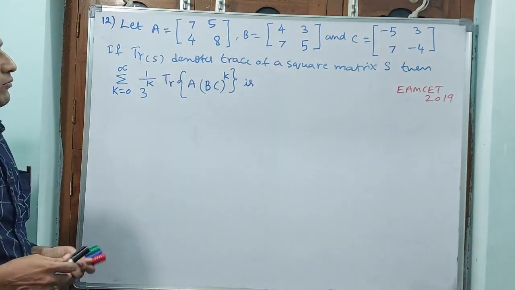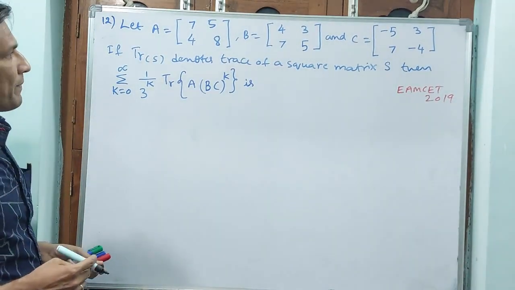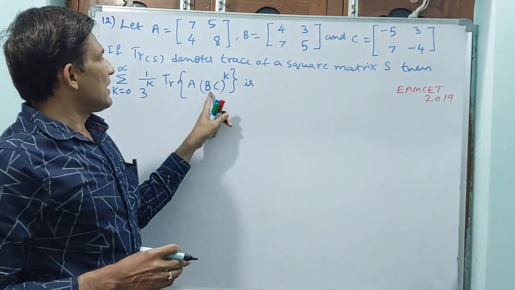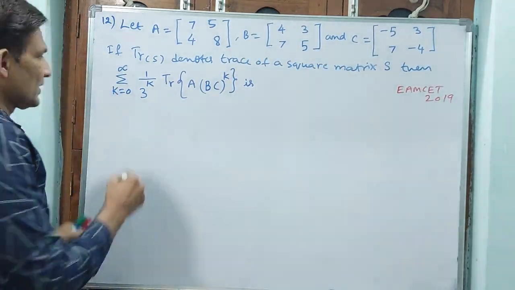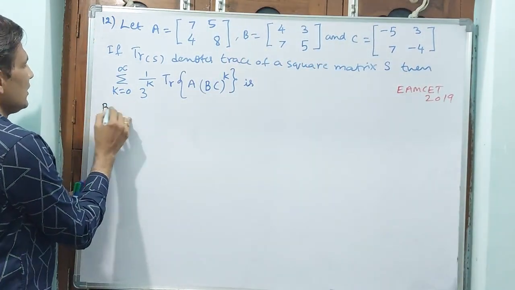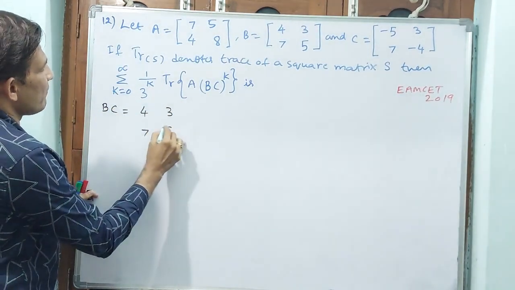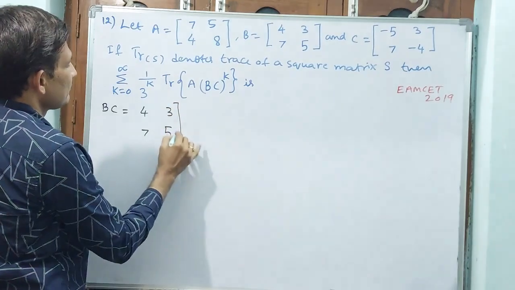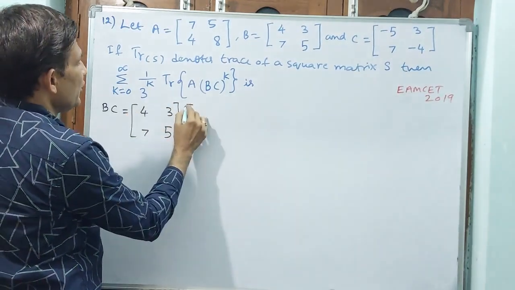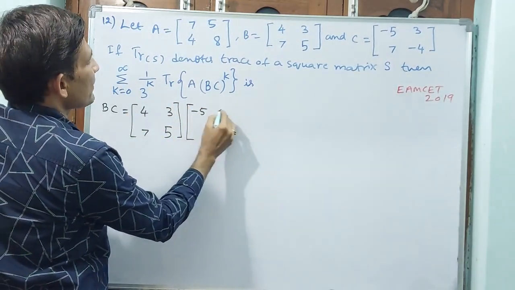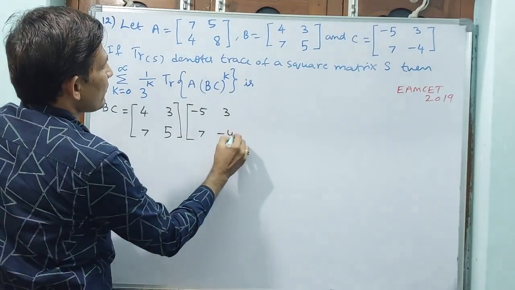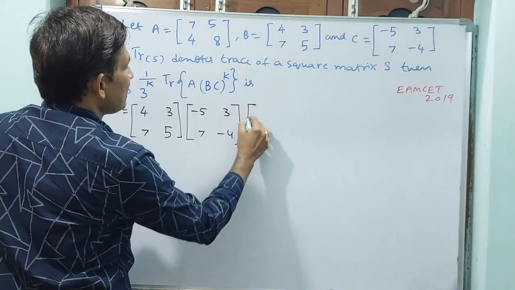Observe carefully, step by step I am doing. First of all, I want to do B into C. BC is equal to [4 3; 7 5] into [-5 3; 7 -4].